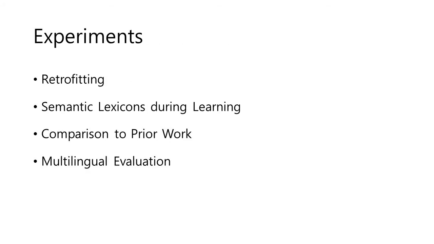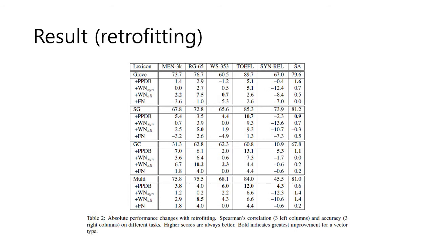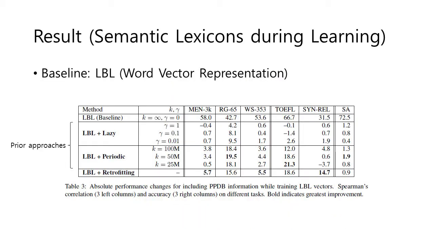And this is the kind of experiments that have been conducted. This is the result for retrofitting. This is the result for semantic lexicon during learning. We use the LBL word vector representation as the baseline.